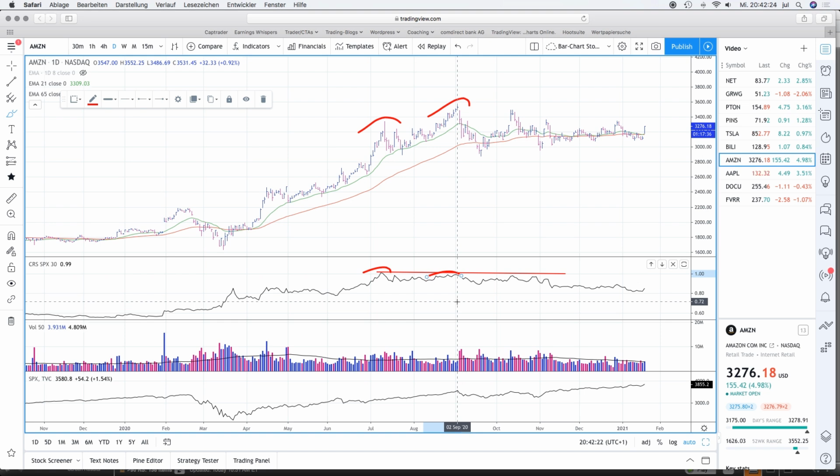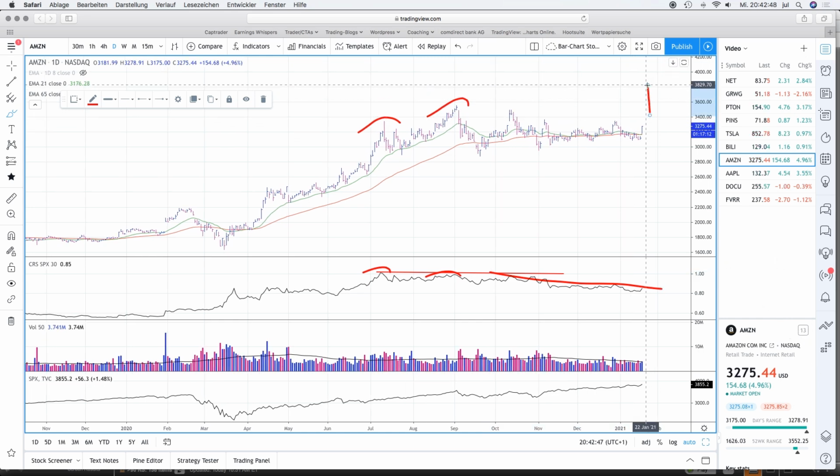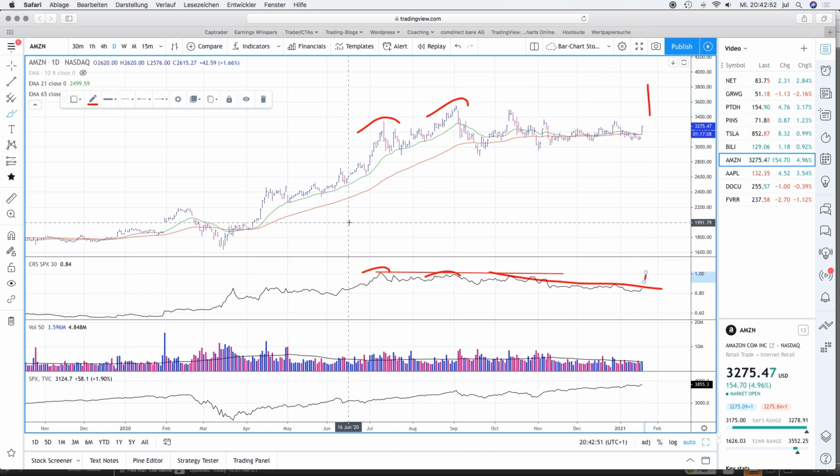That means the S&P 500 was much stronger than Amazon. Then Amazon turned into a consolidation, and the RS line was trending down here, but Amazon will publish earnings in 13 days, and just 1 day is enough to put the RS line back to new highs here.